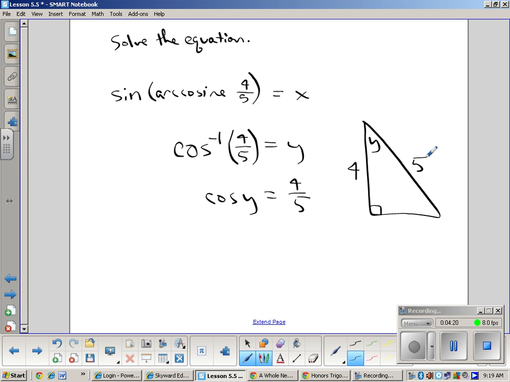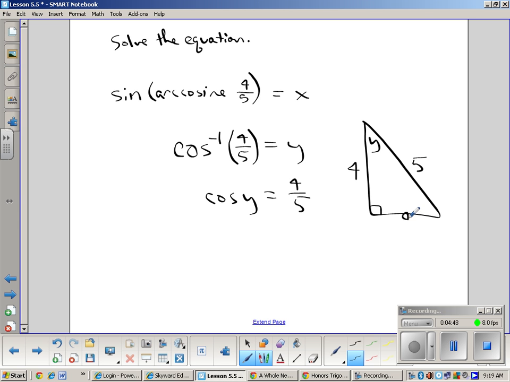How do I find that missing side? Good, because you recognize it's a 3, 4, 5 right triangle, right? But if you did not know, if it wasn't a 4 and a 5, how would I find that third side? Pythagorean theorem.